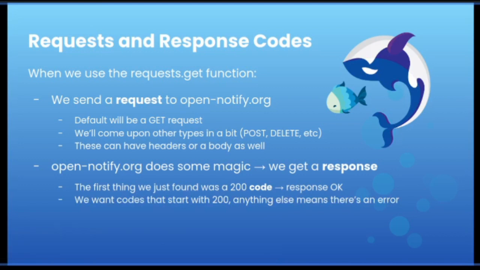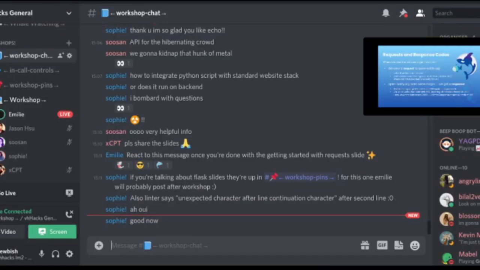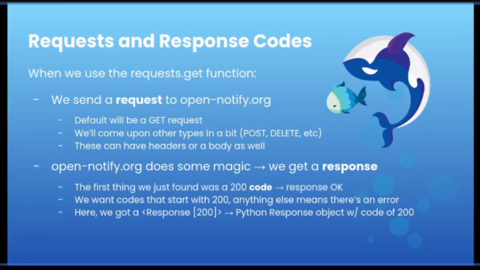Anything else generally means that there is some sort of error. We especially do not want 400 or 500 codes. As long as we have that response 200, which is what you should have gotten, that's a Python response object with a code of 200. Now these response objects are stuff that Python doesn't come with automatically, but we got all of that information when we imported requests in the earlier slide.